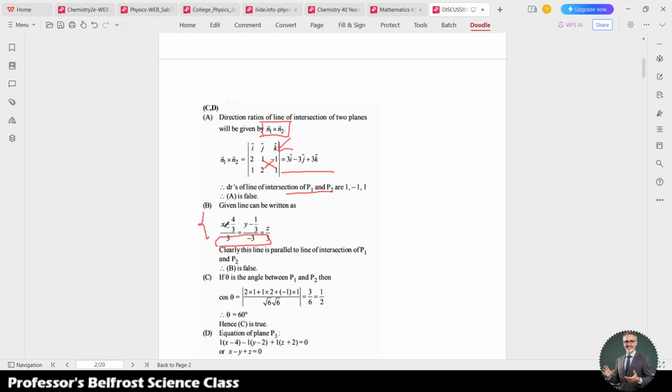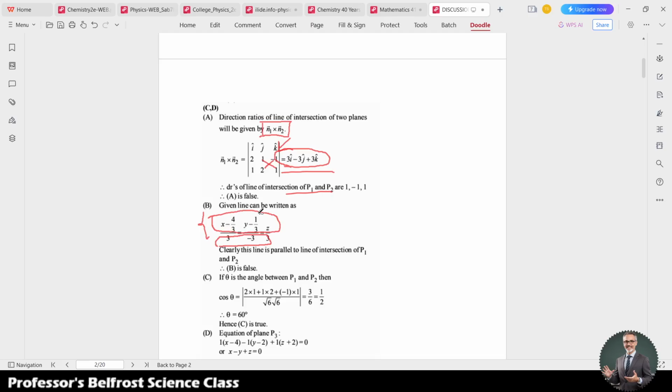You can clearly see that this is parallel to the line of intersection of P1 and P2. Why? Can you find out? This is the line of intersection of P1 and P2, and this is the formula for a line that is parallel to the intersection of P1 and P2. I want you to find the answer because it is very straightforward.